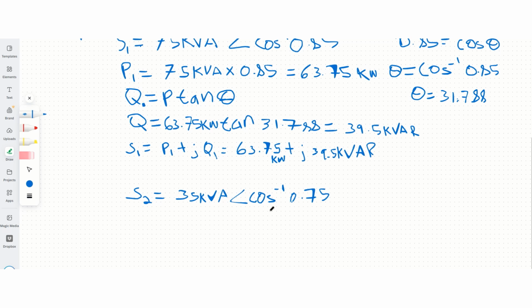Then you find your real power to be 35 kVA times your power factor, 0.75, and that will equal 26.25 kilowatts.